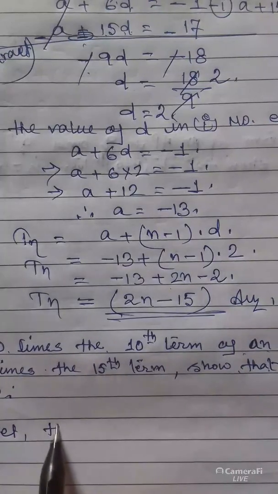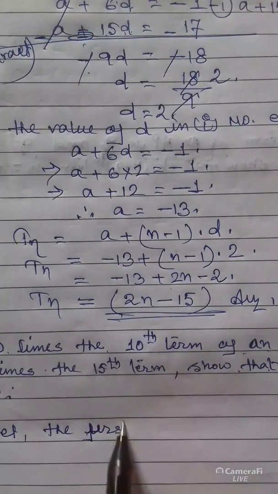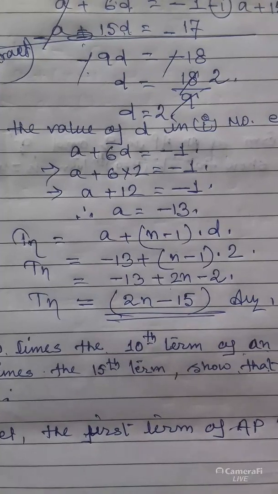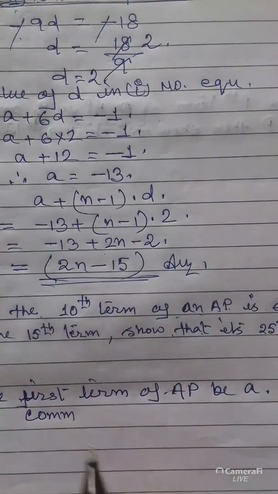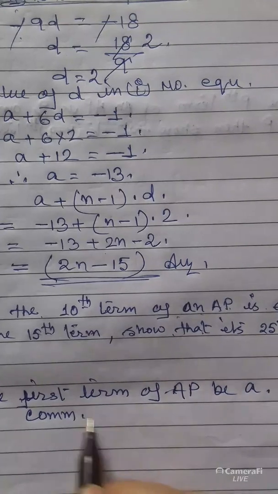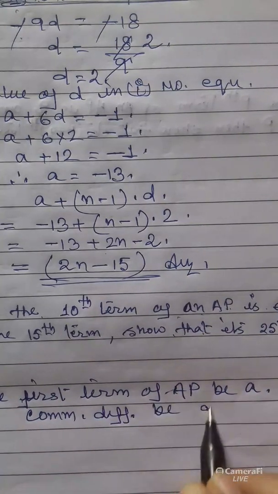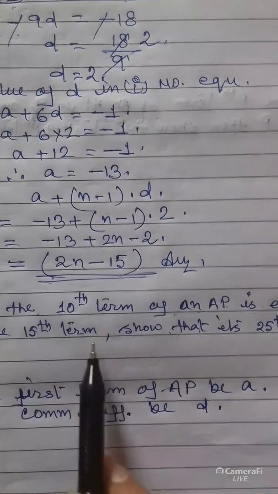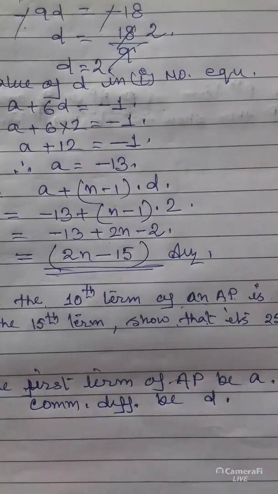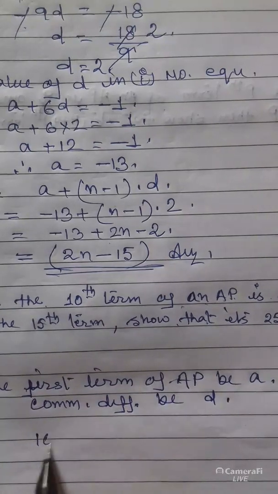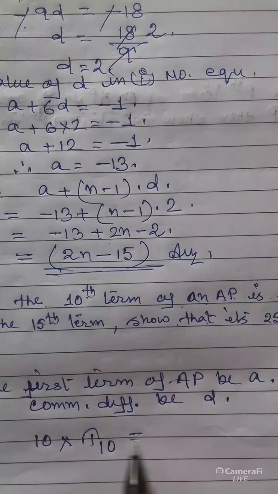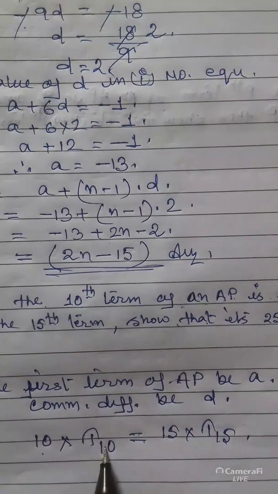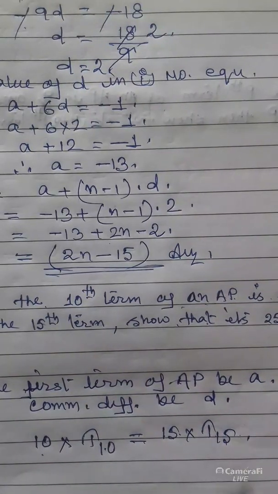Again, let the first term of the AP be A and the common difference be D. According to the question, the condition is 10 times the 10th term equals 15 times the 15th term.